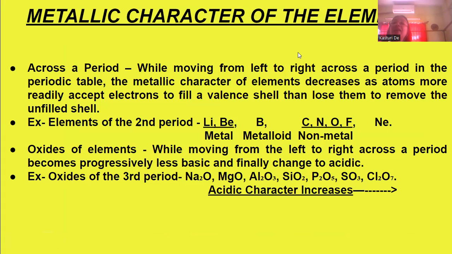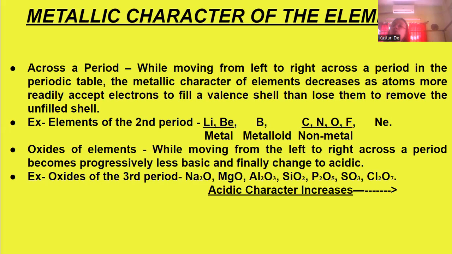Now we come to the metallic character of the element. While moving from left to right across a period in the periodic table, the metallic character of the element decreases as atoms more readily accept electrons to fill the valence shell than lose them to remove the unfilled shells.